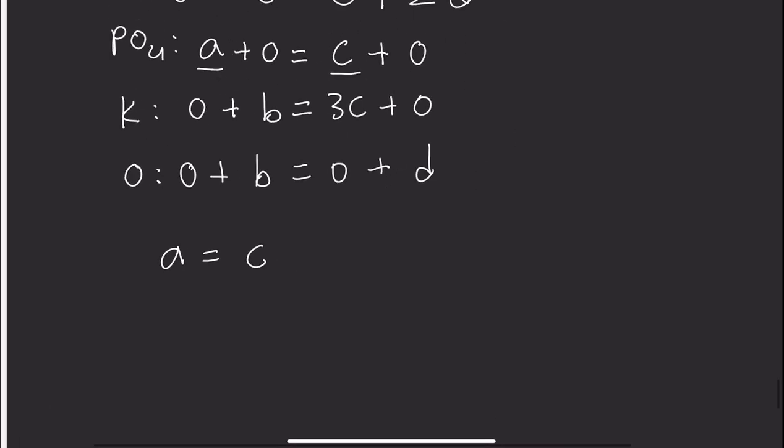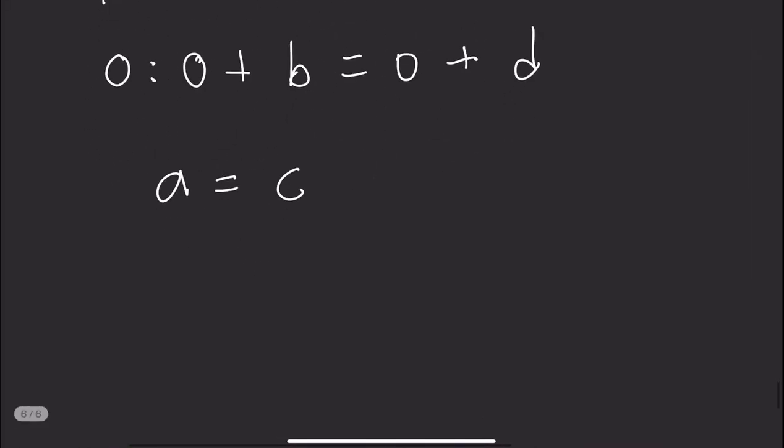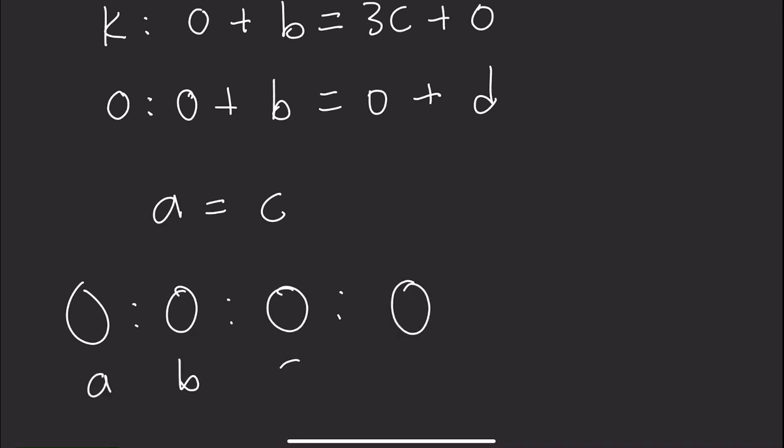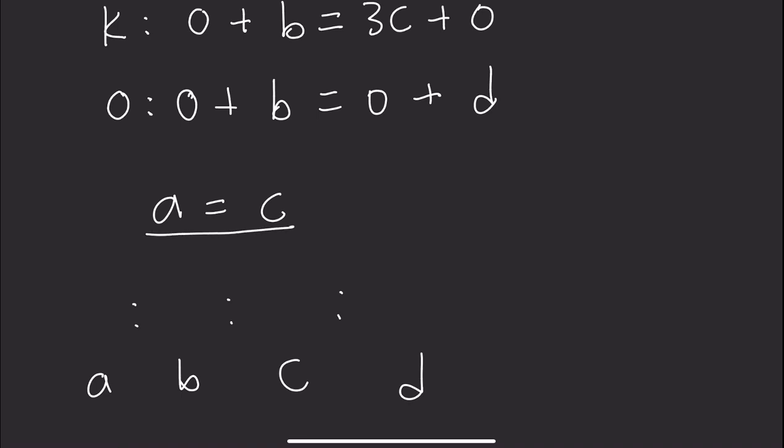Now, we gotta set these ratios up like this. And here are coefficients for A, B, C, and D. But we replace all of them with A. So since A equals C, we say A, and then in the place of C, we say A.